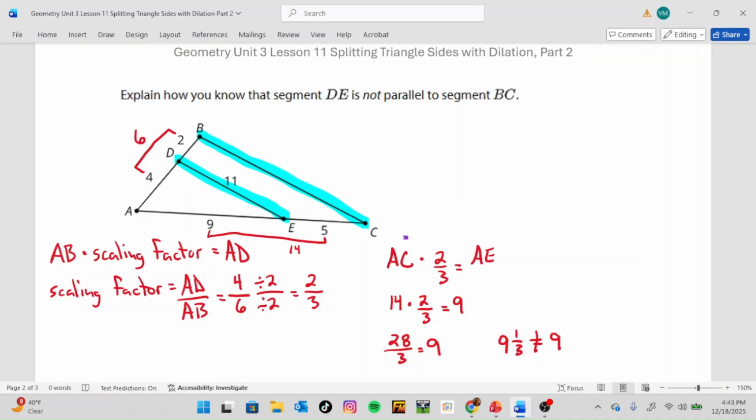Parallel lines cut triangles proportionally.